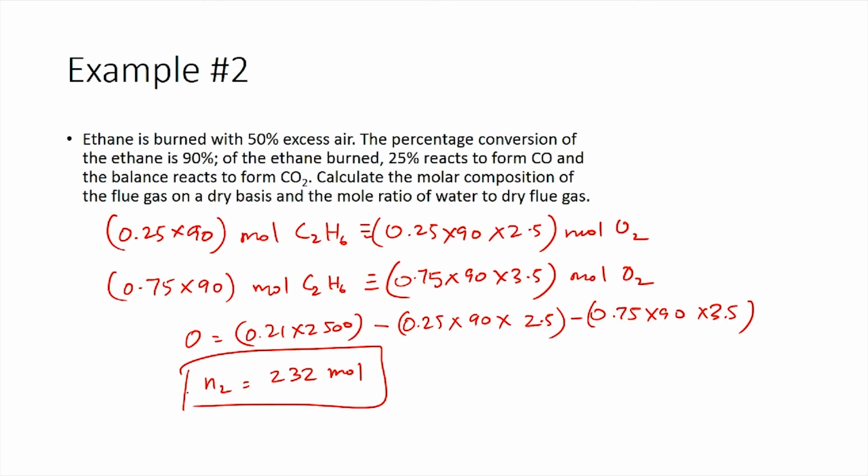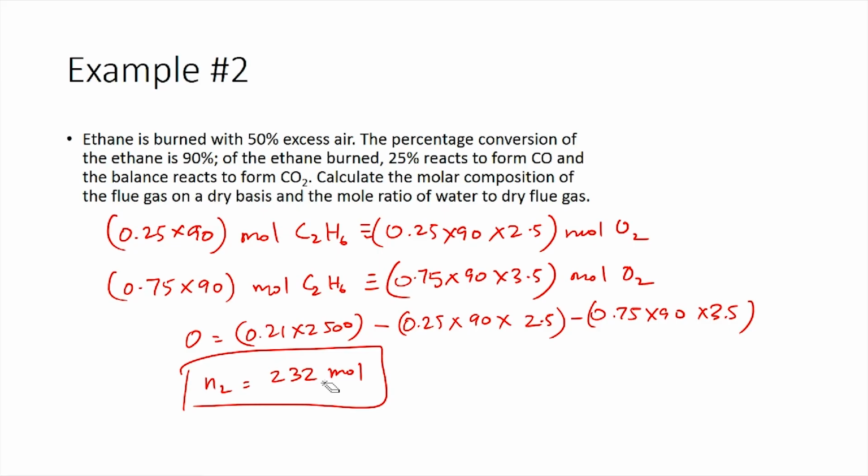With this, we have calculated the number of moles of each component present in the product gas which is formed. We also need to calculate the molar composition of the flue gas on dry basis and the mole ratio of water to dry flue gas. This can be done by calculating the total number of moles, ignoring the moles of water, which would be the dry basis. Let us try and do this for the next part.